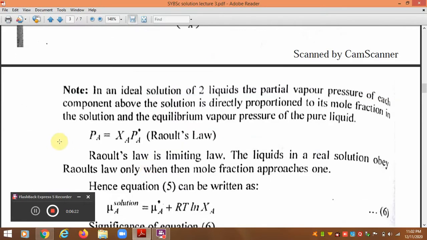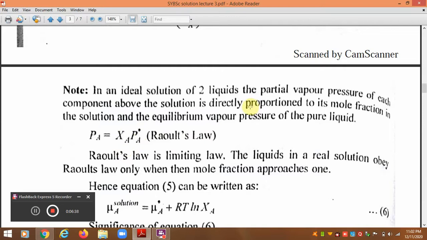So in this case, we consider that the vapor of this solution, or the vapor of this compound, behaves as an ideal gas, so it follows the ideal gas equation.